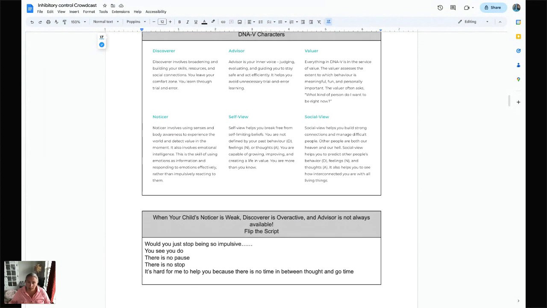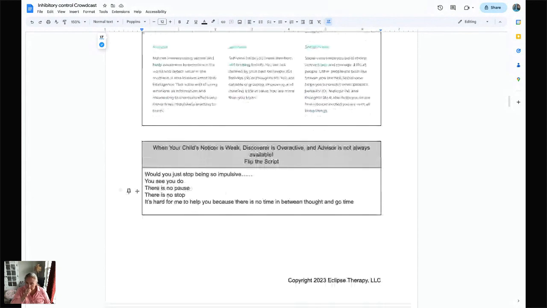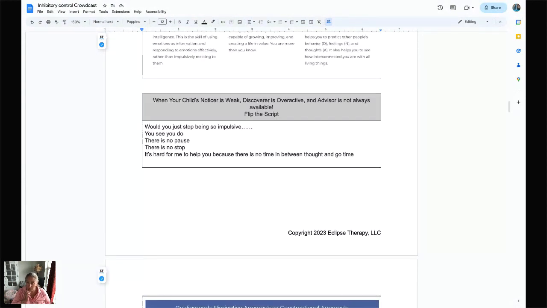So when we're thinking about impulsivity, often we've got a pretty weak noticer, right? We're not noticing the context around us very much. The discoverer can be a little bit overactive, like, woo, let's go, here we go. And the advisor isn't always available. Why can't we quite tap into that advisor?